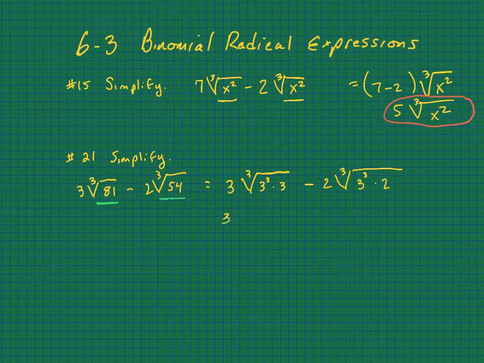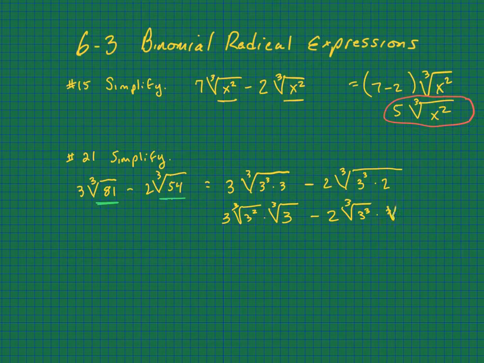And just to show you all the steps, I have 3 times the cubed root of 3 cubed times the cubed root of 3, minus 2 times the cubed root of 3 cubed times the cubed root of 2.